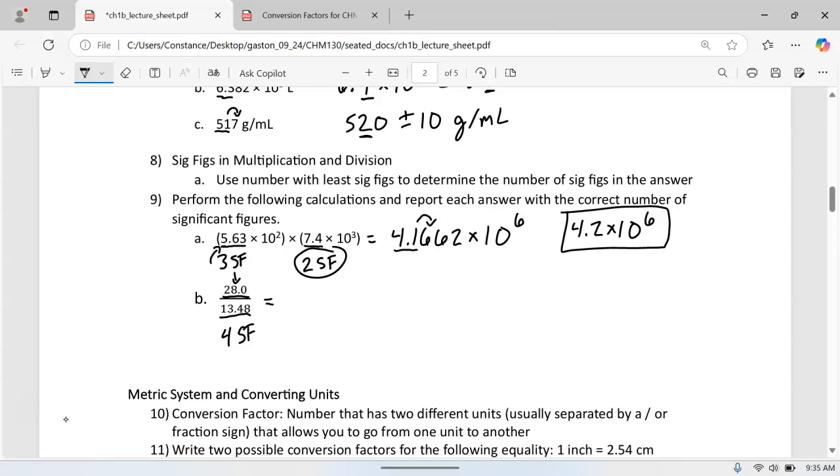So the least in this case is going to be 3 sig figs. All right, so my final answer should only have 3 digits. And then the final number is 2.07715. Round that off, becomes 2.08.